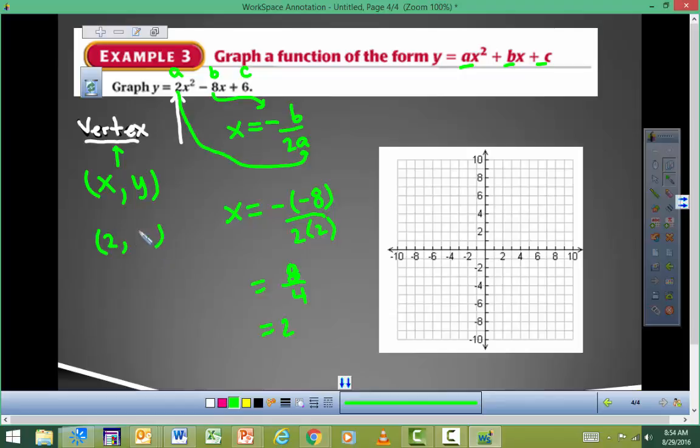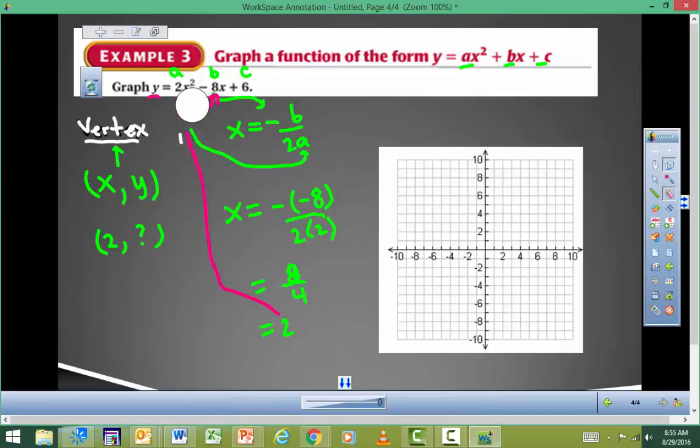And now what I need to do is find out the y coordinate. Now the y coordinate is pretty easy because the way I find the y coordinate is I take this 2 and I shove it in right back up here for x, because that tells me what y is equal to. So if I want to find the y coordinate, I'm just going to go up there and plug it in.